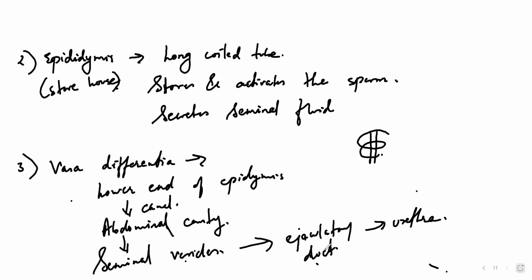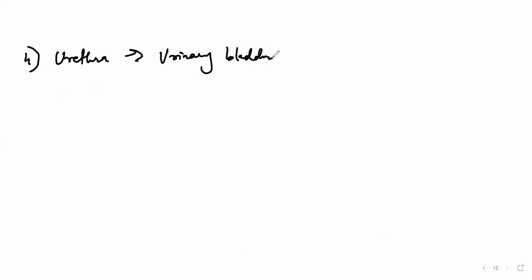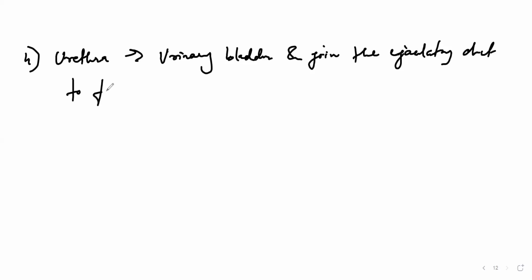Okay, then comes the fourth part, which is called the urethra. So this basically arises from the urinary bladder, and it will join what? It joins the ejaculatory duct to form the urinogenital canal.